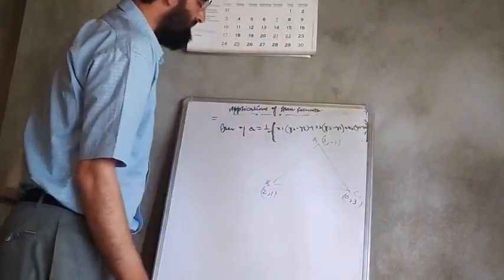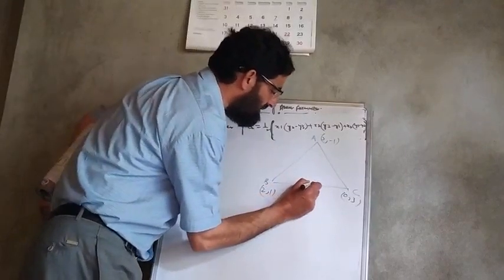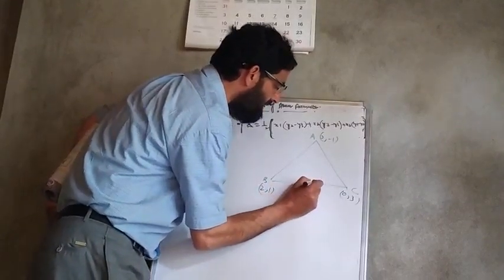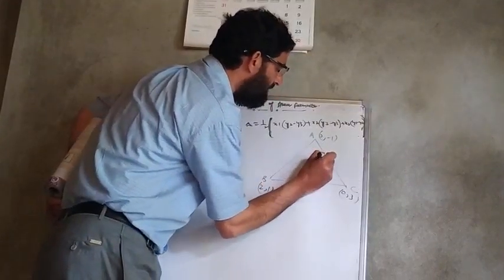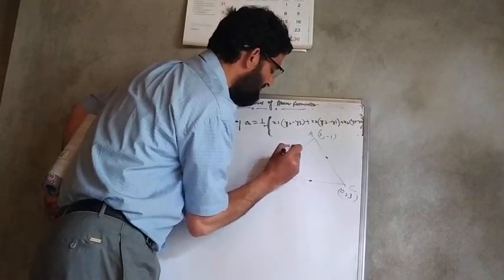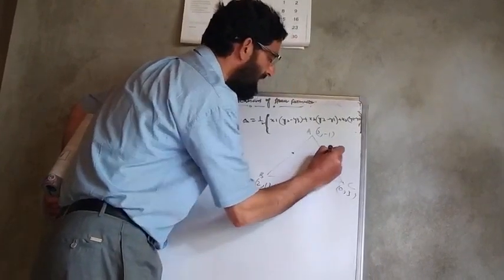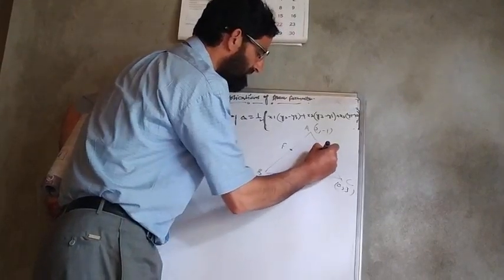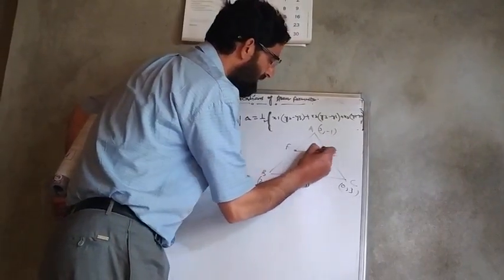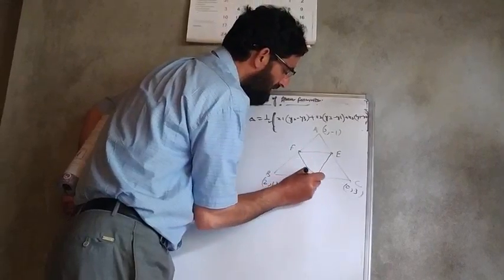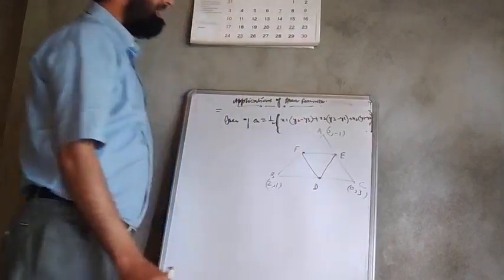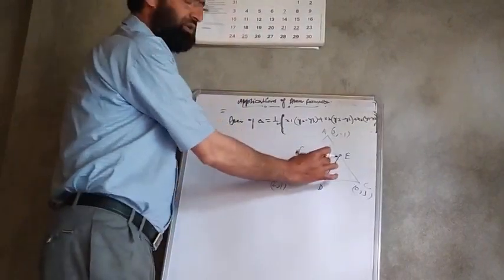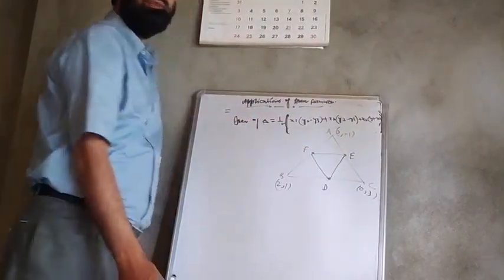Now again a triangle is formed by joining the midpoints of these sides. Suppose this is a midpoint, here it is a midpoint, this is a midpoint. So this is D, this E and this F. Let us join these. So DEF is another triangle that's formed by joining the midpoints of the sides of this given triangle.